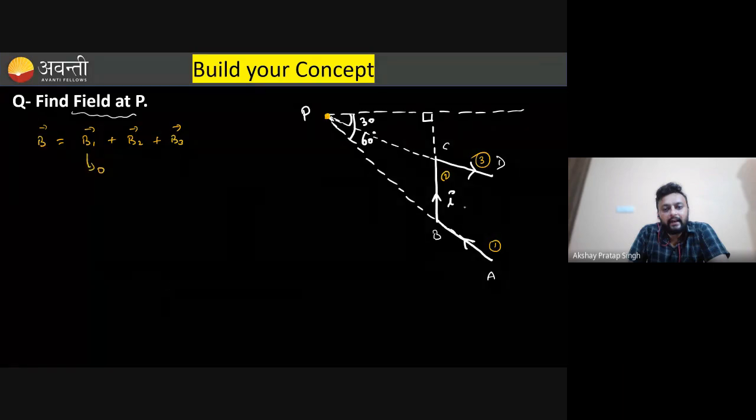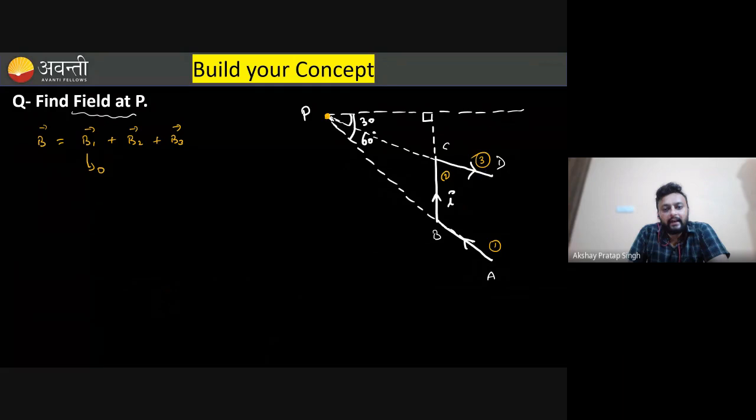You can see that. Now, if you consider the part CD, this point P is again collinear with the part CD. So the magnetic field of part 3 is again 0. So now you have to solve for B2 only. Your aim is just to calculate B2.